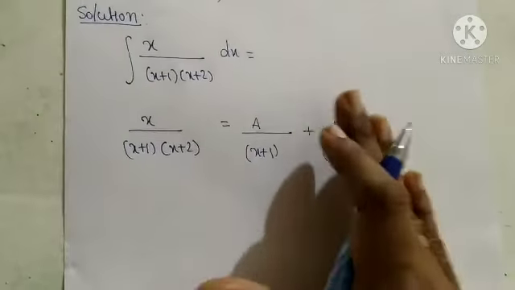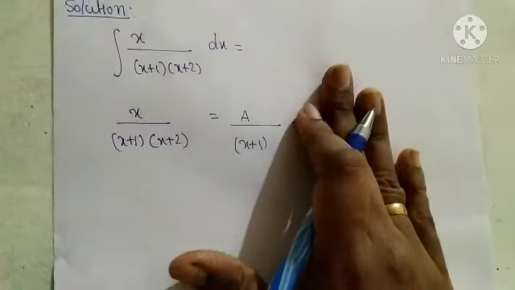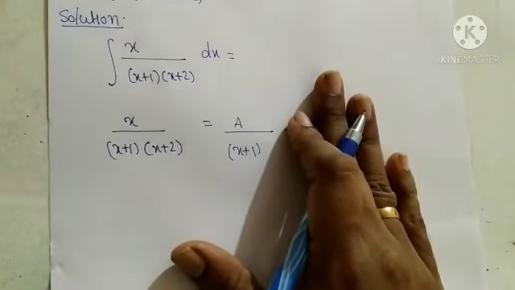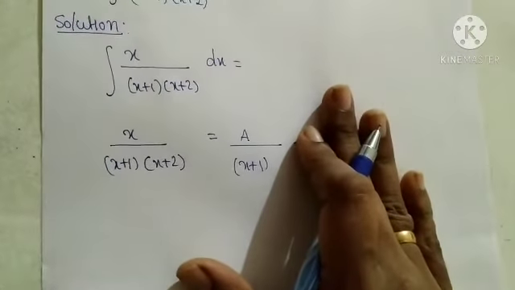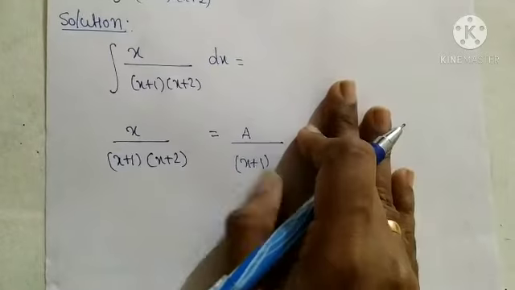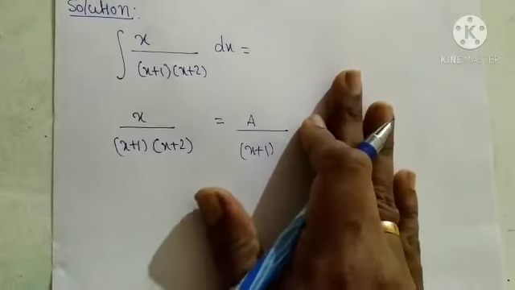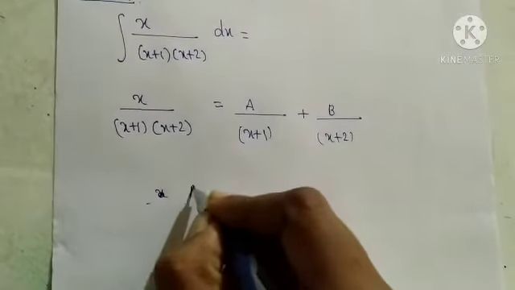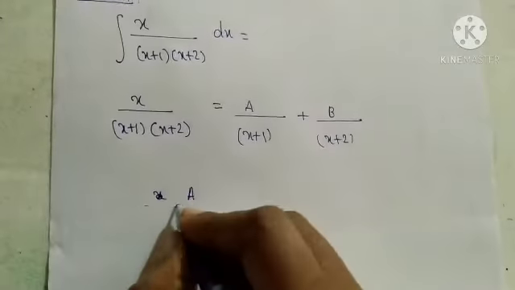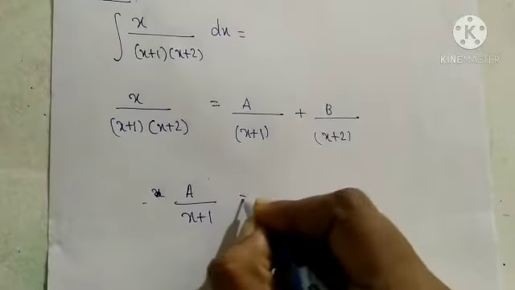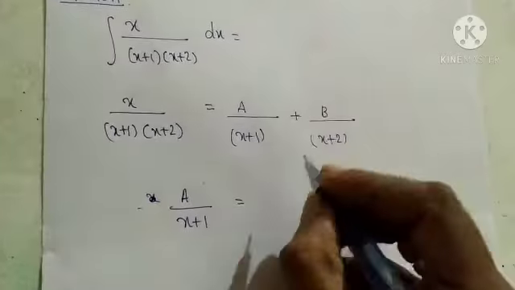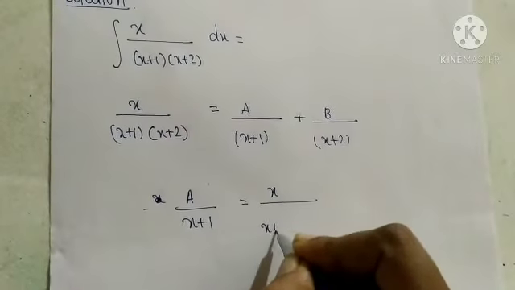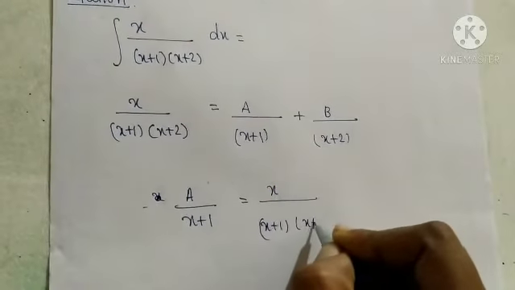Here, just removing this b part, first of all I am writing the a part: a divided by (x plus 1) is equal to x divided by (x plus 1) into (x plus 2), right?